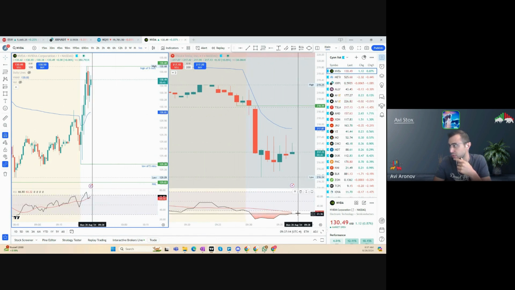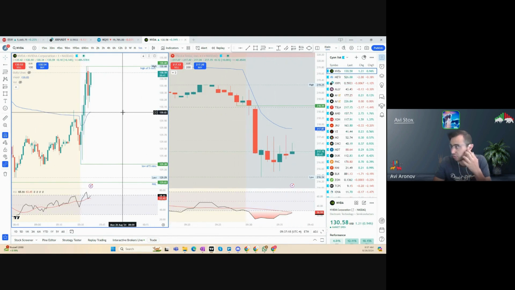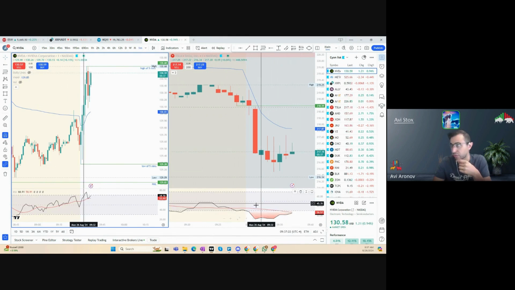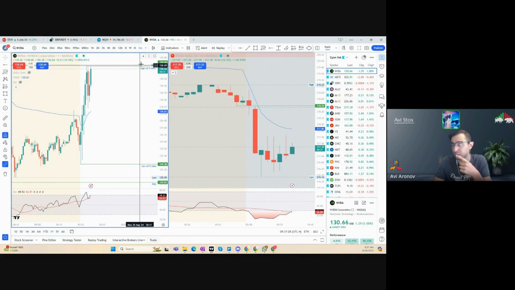Here also, see a lot of wicks, but it's on the oversold and looks like, okay, right there, it's a retest to the 5 minutes, cannot break. I would want to sell, but you see it's breaking.